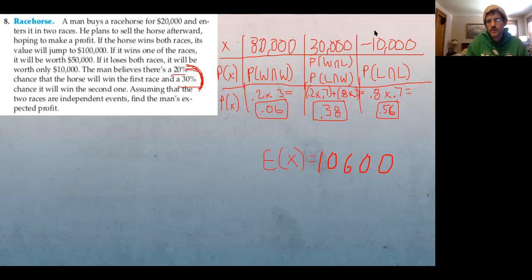So if you did this every single year and you bought lots of horses, then of course, assuming these probabilities stay the same, you could expect to get $10,600 off of every horse. There you go. If you're looking for a lucrative endeavor, that's your takeaway from your stats class.